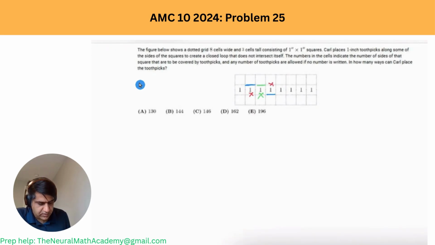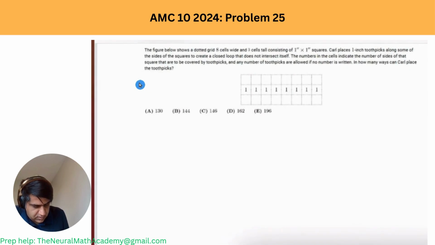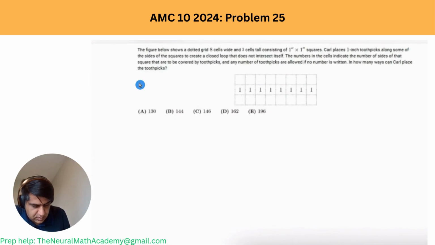So now we will solve this problem by creating different cases. Let's look at the first case. The first case is very simple, where we can create the loop without passing through the middle, or the second row.